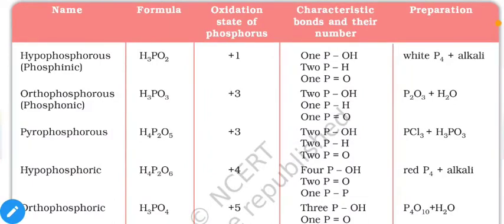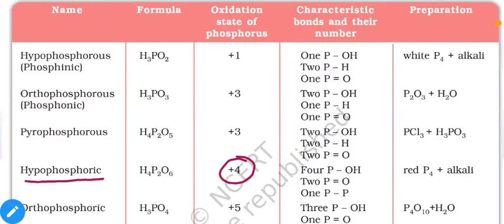They do not show sequential oxidation states like d-block elements. d-block elements can show sequential oxidation states, that means +1, +2, +3, etc. But p-block elements usually show alternate oxidation states, though in some compounds they even show continuous or sequential oxidation states, as we can see in this case, hypophosphoric acid of phosphorus, which has +4 oxidation state.